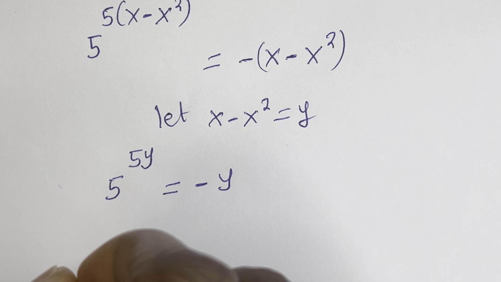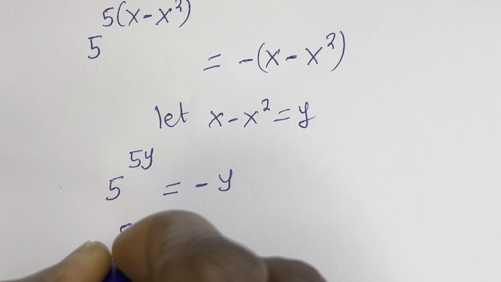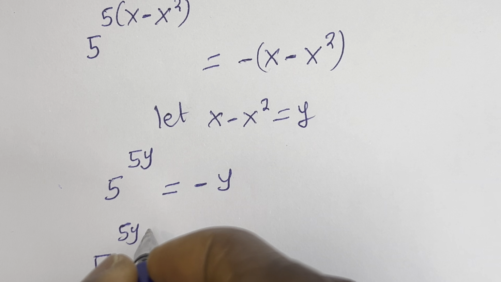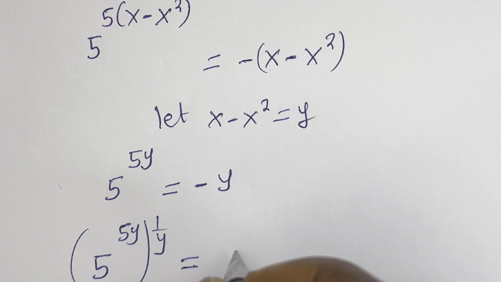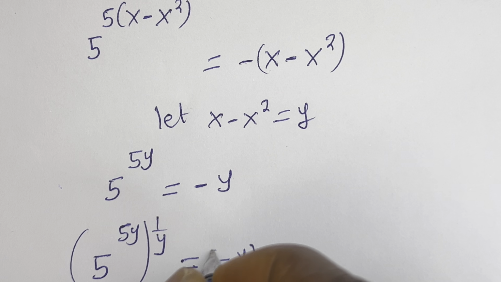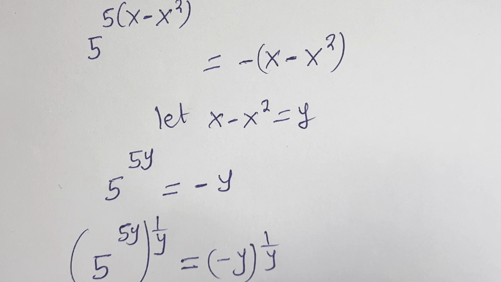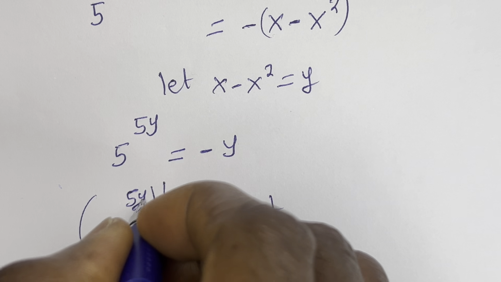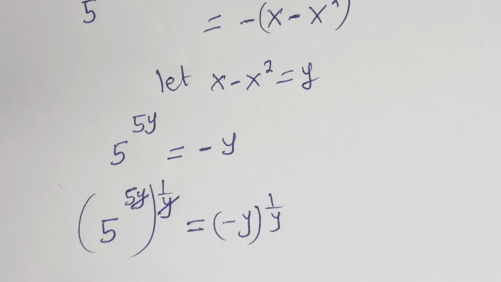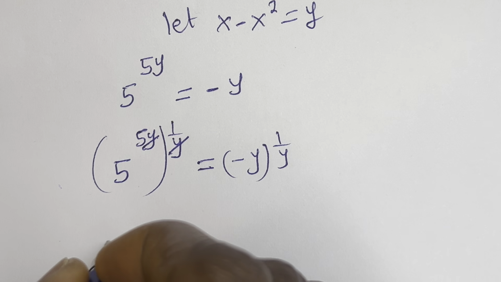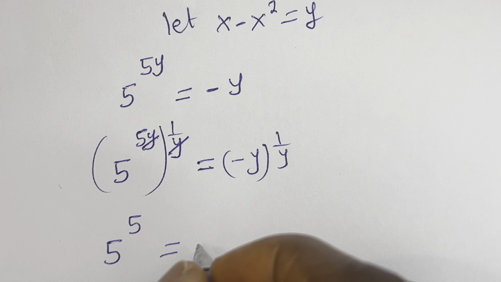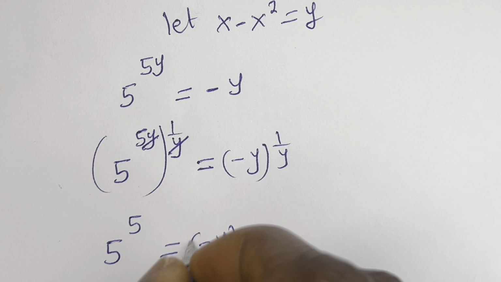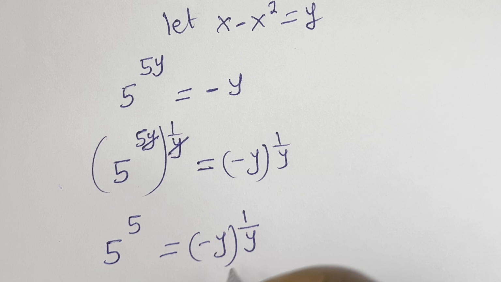This is 5 to the power of 5y, then to the power of 1 over y is equal to minus y to the power of 1 over y. This we cancel. Then we have 5 to the power of 5 is equal to minus y to the power of 1 over y.